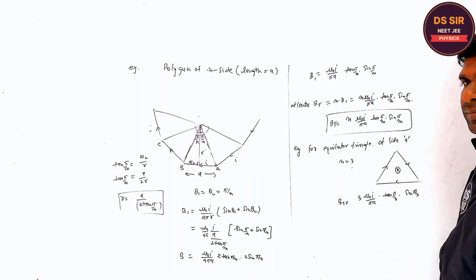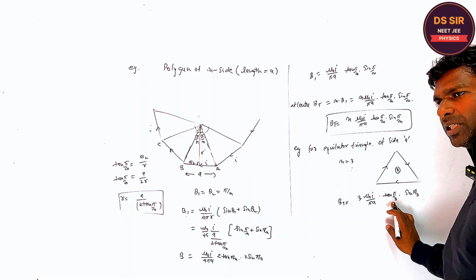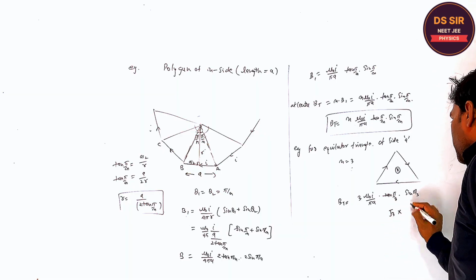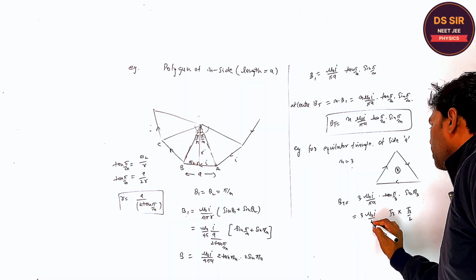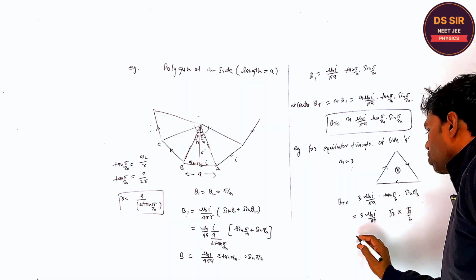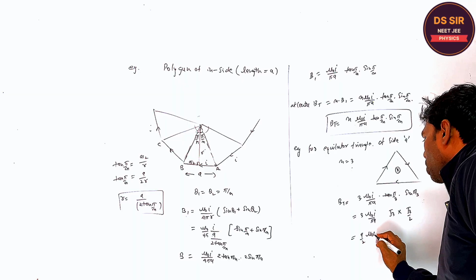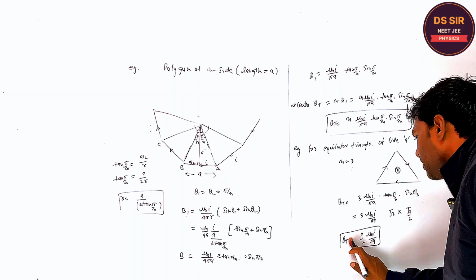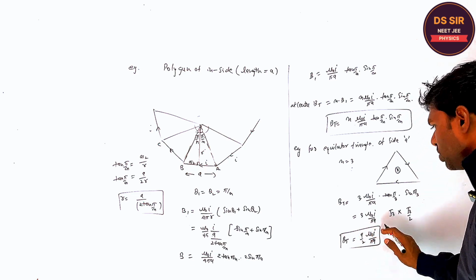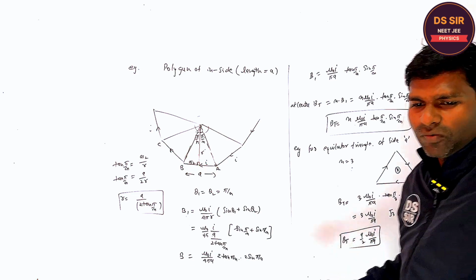Is it clear? Yes. Tan pi by 3 is tan 60, which is root 3, and sine 60 is root 3 by 2. This is 3 mu naught I upon pi a times root 3, which will be 9 by 2 mu naught I upon pi a. So yesterday, in the previous lecture, we found 9 by 2 mu naught I upon pi a due to the triangle. Is it clear or not?